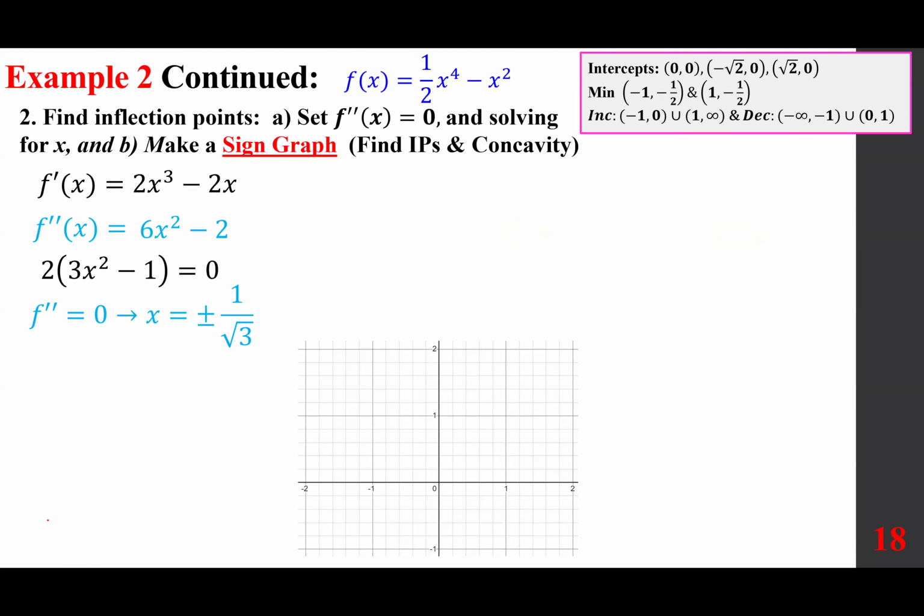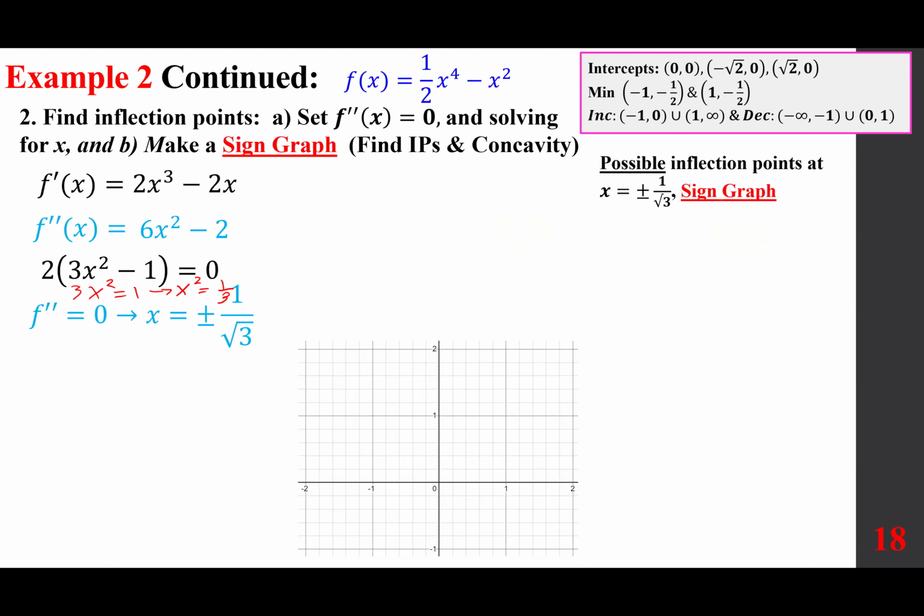The reason is because 3x squared is 1, x squared is 1/3, and x is plus minus 1 over square root of 3. So possible inflection points at those 2 points.